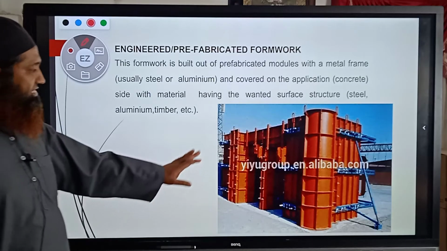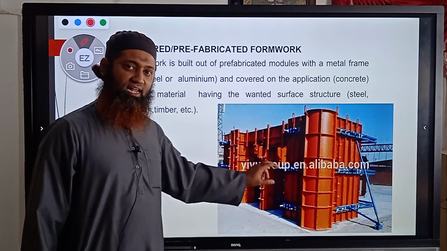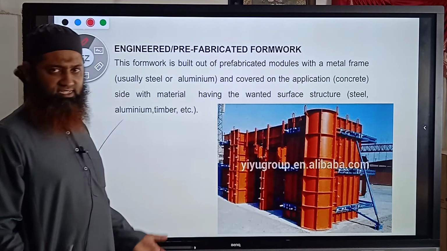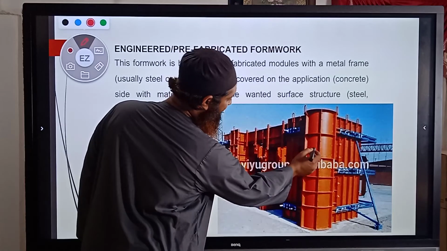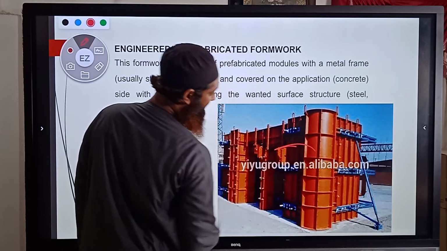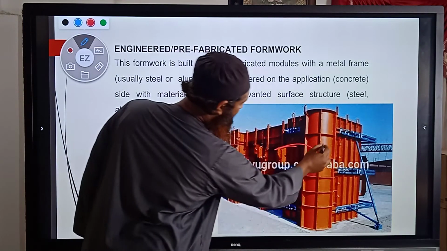You can see what size our structural element is going to be. It is decided beforehand, and what we do is come up with this prefabricated formwork. This is the prefabricated formwork.